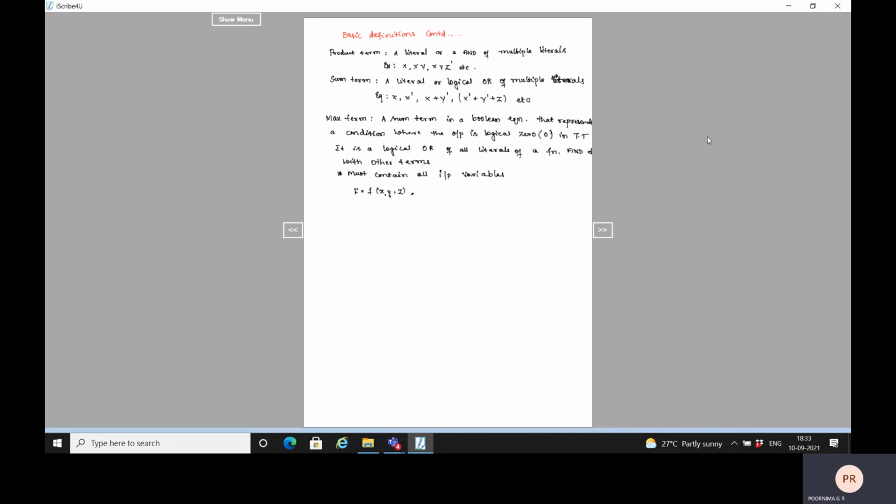Then a max term can be represented as x, y bar, z, ANDed with another max term, which also must contain all the variables in literal form. So this is an example of a max term.